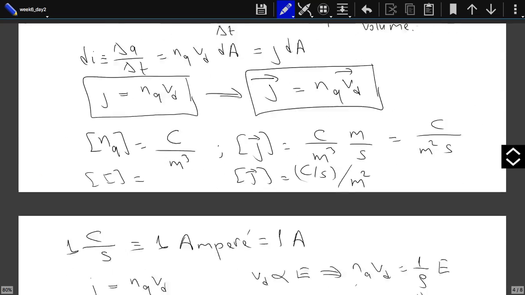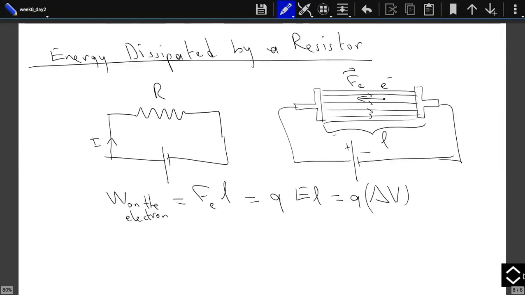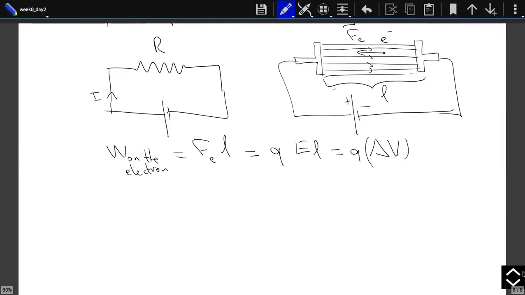So we do some work on the system by the electric field. And the work that we do on the electron, it transfers into the nuclei. So the nuclei start to vibrate faster. But that is what we call the heat. So this much energy is used, in a sense, consumed.